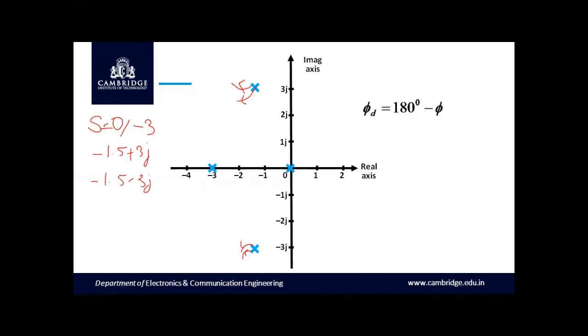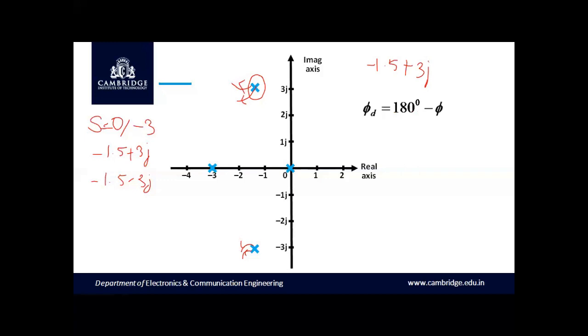We know the formula to calculate the angle of departure: phi d equal to 180 degrees minus phi. To calculate this, we first join all the remaining poles to the complex conjugate pole under consideration. Let us assume that we are going to calculate the angle of departure at the pole minus 1.5 plus 3j.